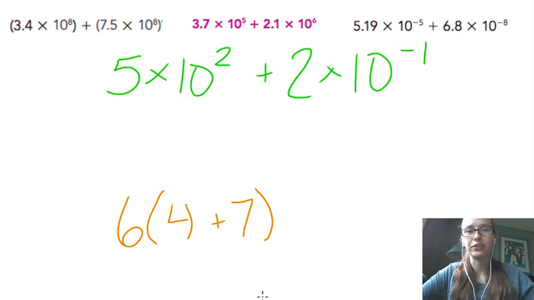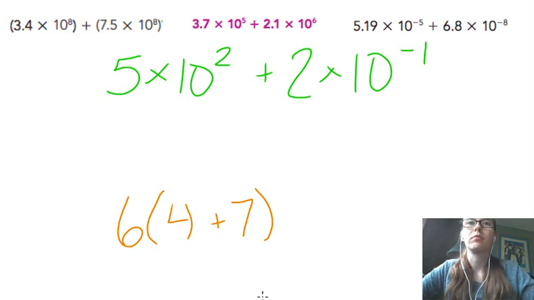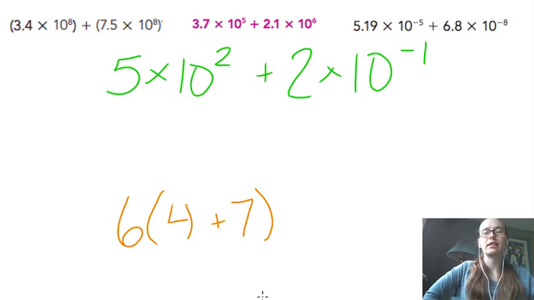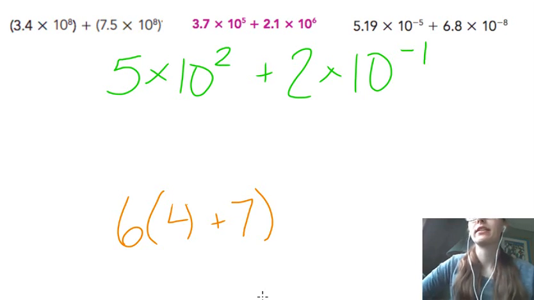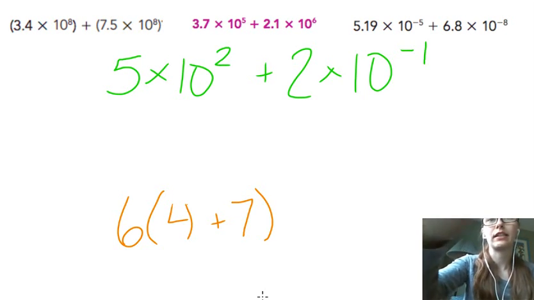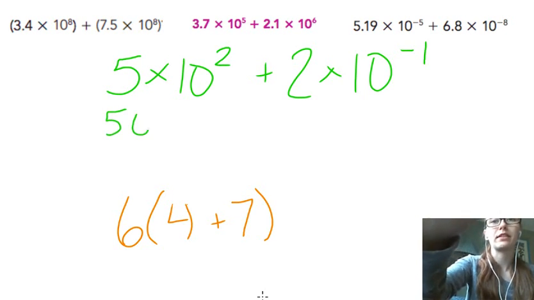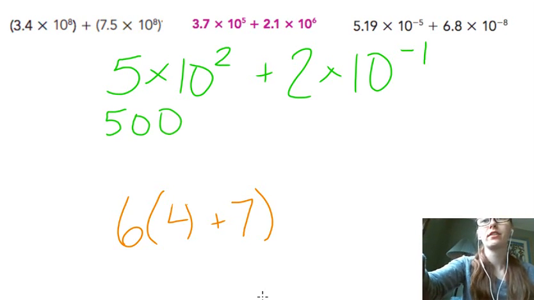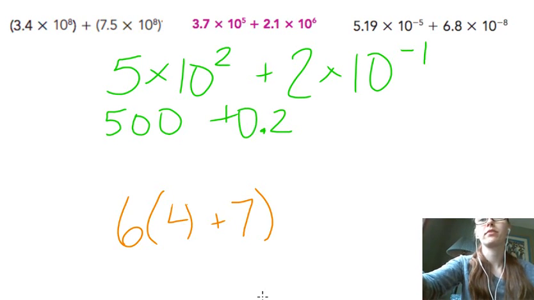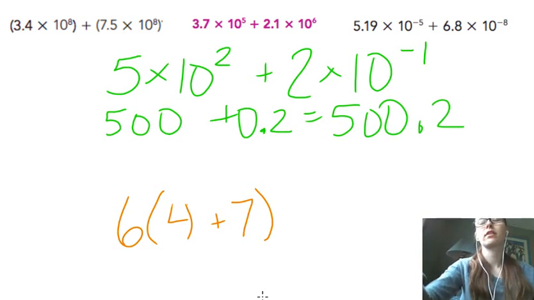To add in scientific notation form, let's review two things first. Looking at our green, 5 times 10 squared plus 2 times 10 to the negative first, I can write those in standard form. So 5 times 10 squared is 500, and 2 times 10 to the negative first is 0.2, and I would get 500.2.